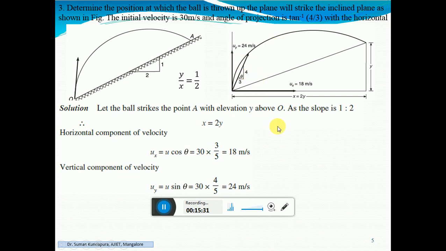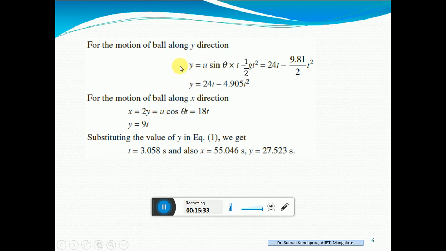We have derived this equation for x and y. Y is equal to u sin theta t plus half g t squared. Since it is moving up, acceleration due to gravity is minus here. So that is the equation for y, for motion of the ball along the y direction.